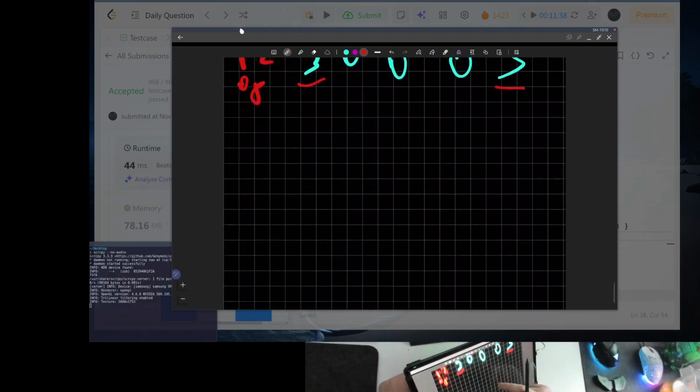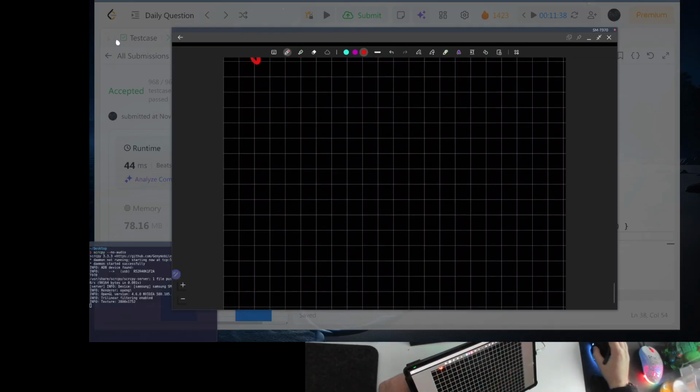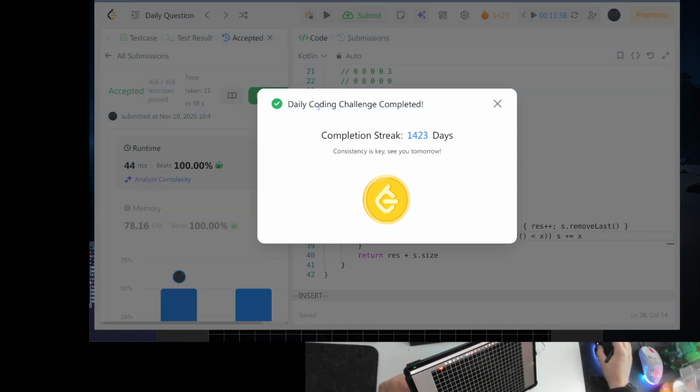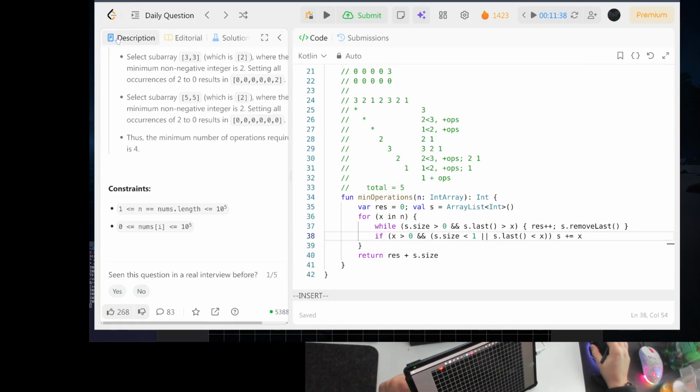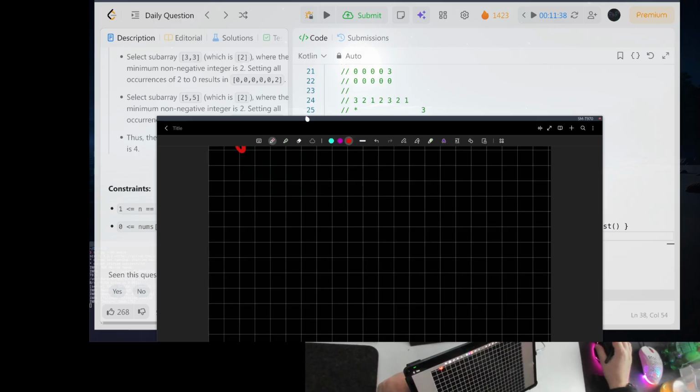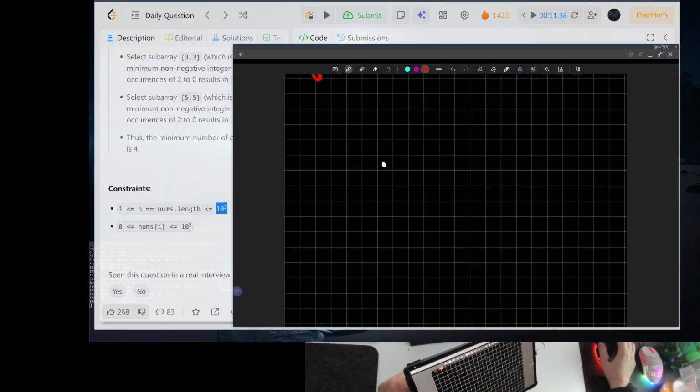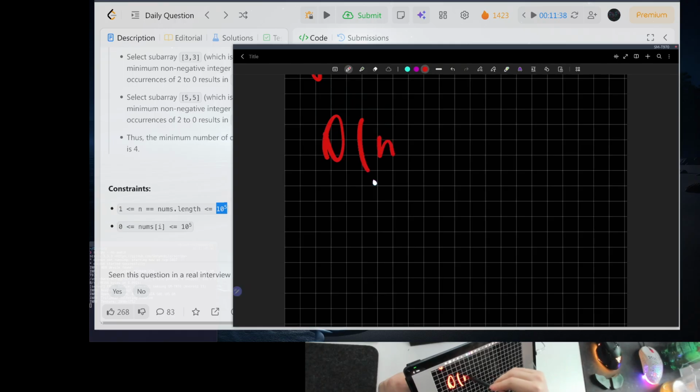Okay, if we look at the description of this problem, we see that the length of the array is 10 to the power 5. So this problem is kind of big, and they're asking us to find an O(n) or O(n log n) solution. So let's see if we can find the O(n) solution.